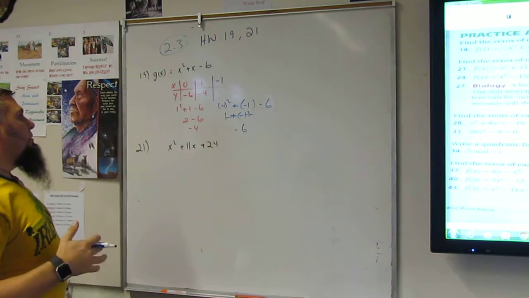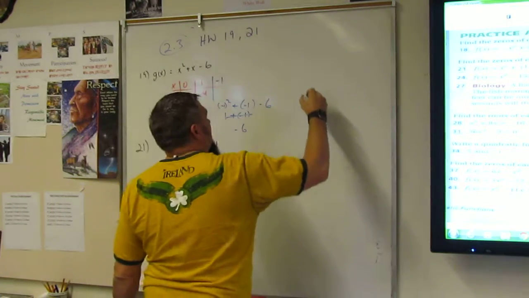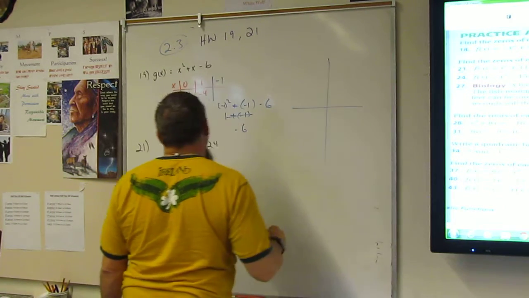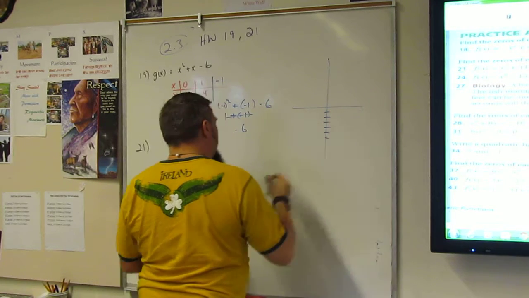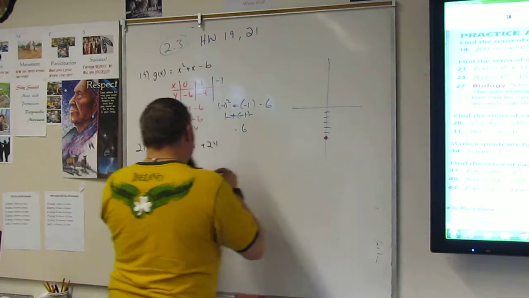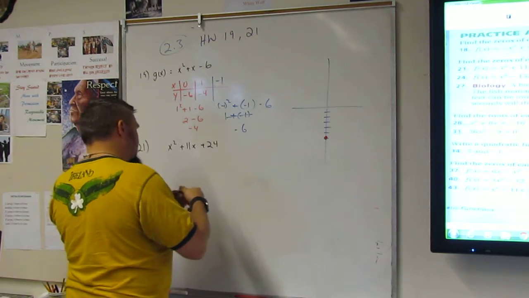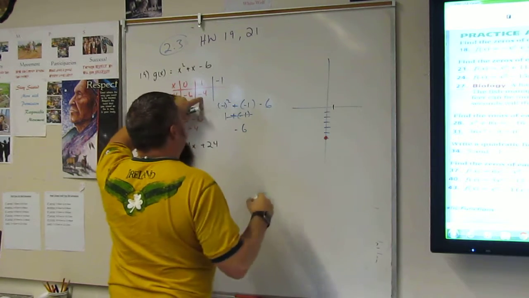And so if we graph these points, we would come with a 0, negative 6, 1, 2, 3, 4, 5, 6. Okay? Then we would graph a 1 and a negative 4.